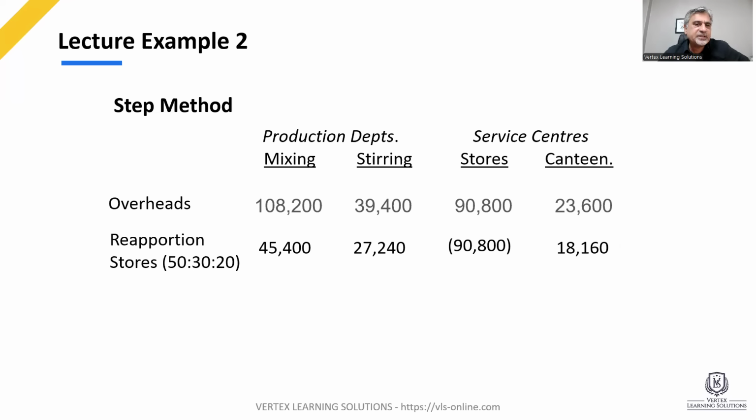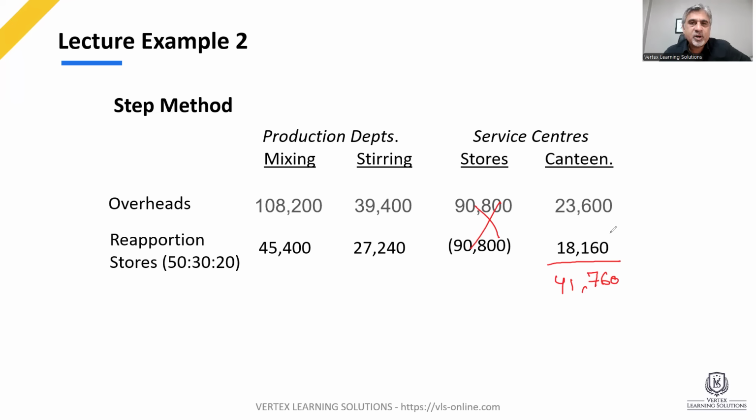Now there is one point you need to remember. Store becomes 0. But canteen cost will increase because canteen had its own cost of 23,600, but then some cost from the store also comes here. So the total cost of the canteen department now is 41,760.